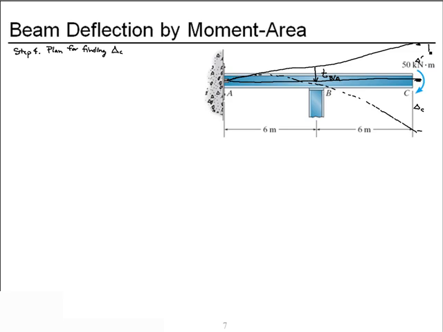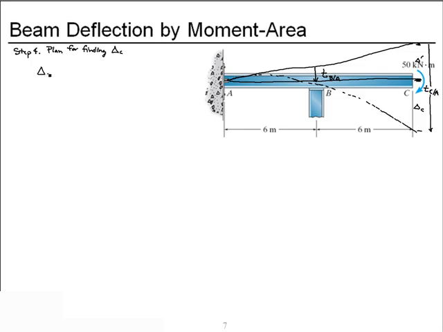This overall height I can get from moment area. It's the vertical deviation from the tangent at point A to the deflected position at C.